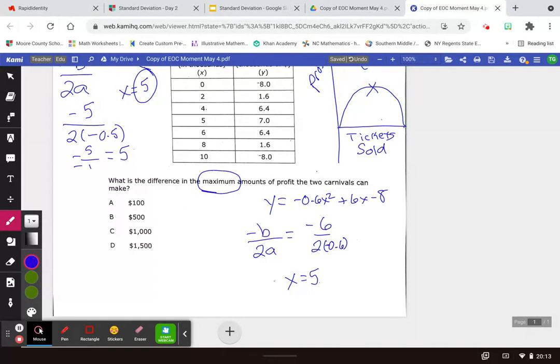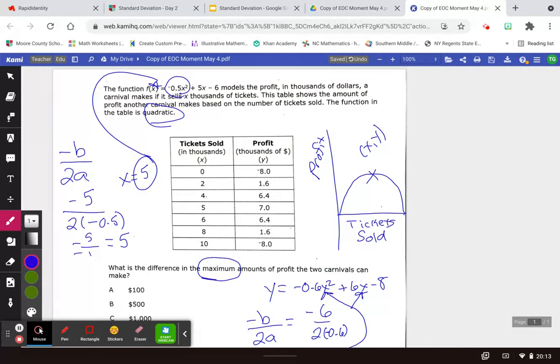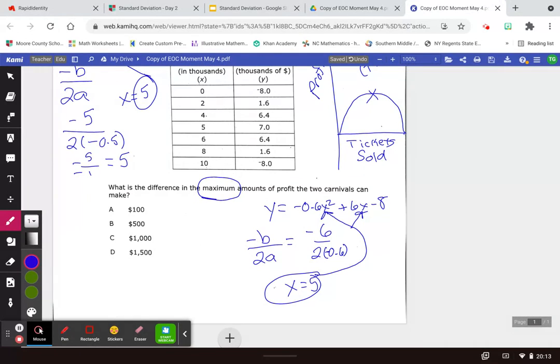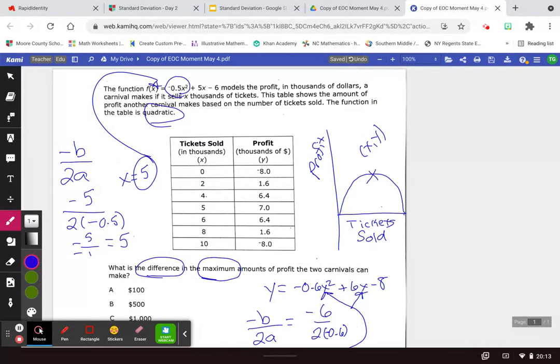Okay, so then I take x equals 5, substitute it back into here and here, and then I solve that for the variable y, and that will give you the maximum profit for that parabola in the table. So then your final part, once you've found both profits, is to find the difference. Okay? So that's how you would do this particular problem.